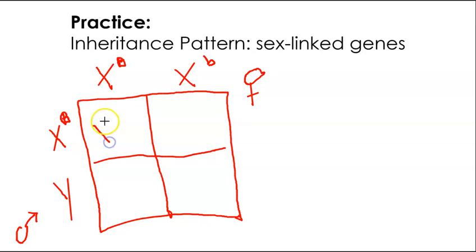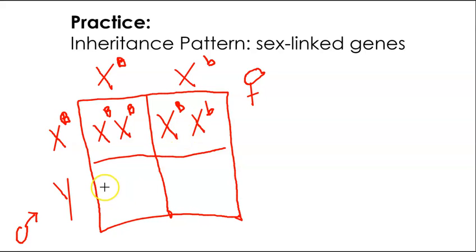Okay, and the first child will have 2 X's, so it's female, 2 big B's. So not colorblind. Here we have a female, possible daughter. We have a big B and a little b.